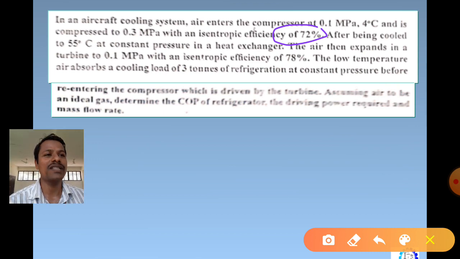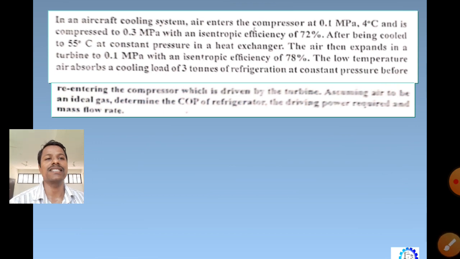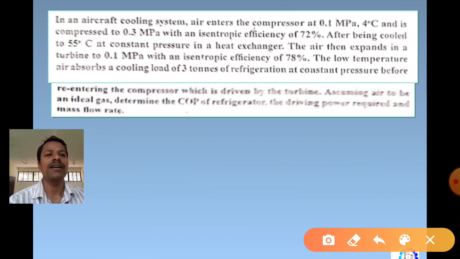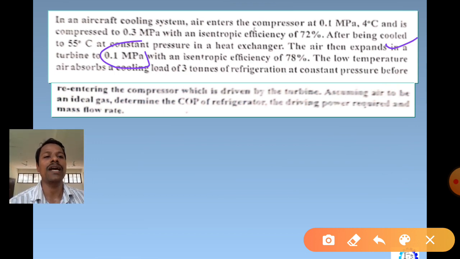He has given the compressor efficiency as 72%, after being cooled to 55 degrees Celsius at constant pressure in a heat exchanger. It means after cooling in the cooler, the temperature of the air at the inlet of the expander, that is the turbine, is 55 degrees Celsius. The air then expands in a turbine to 0.1 megapascal again, with an isentropic efficiency.